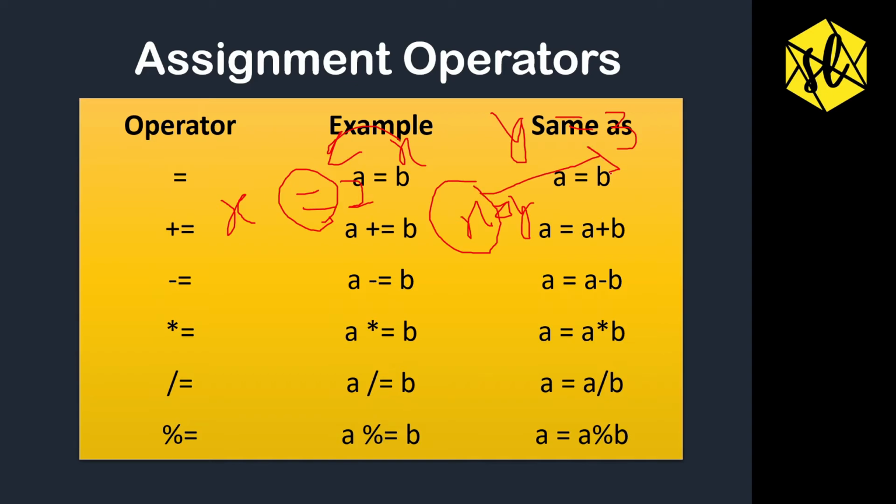This is how the equals to operator works. We have a few more operators in assignment operators, like plus equals to, which alternately means a is equals to a plus b. We will understand these much more easily in the practical session.